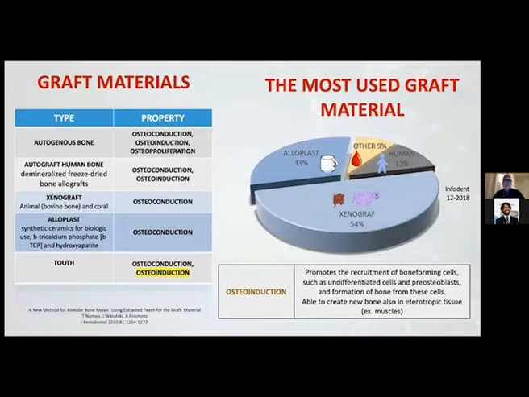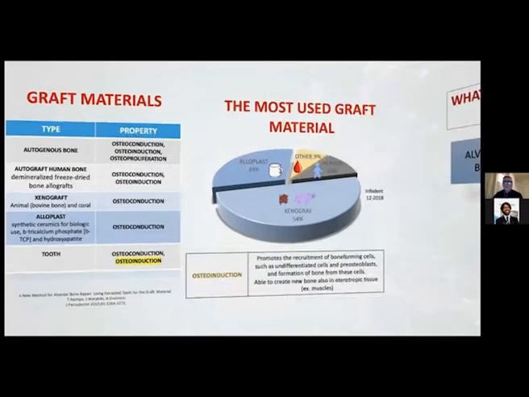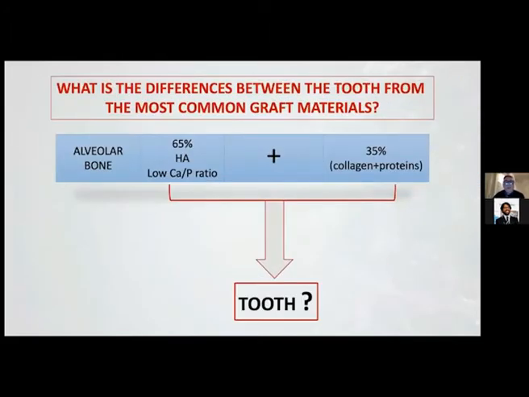Why does this osteoinduction happen? Because the alveolar bone is able to have osteoinduction: we have 65% HA plus 35% collagen and proteins. And these proteins are able to stimulate new bone.